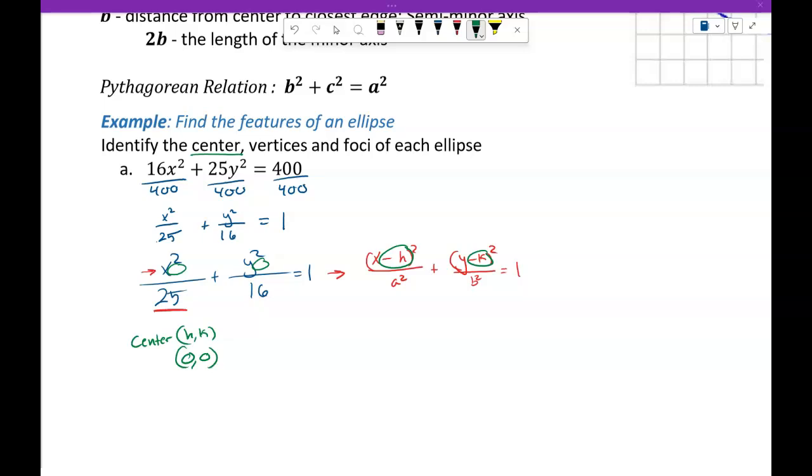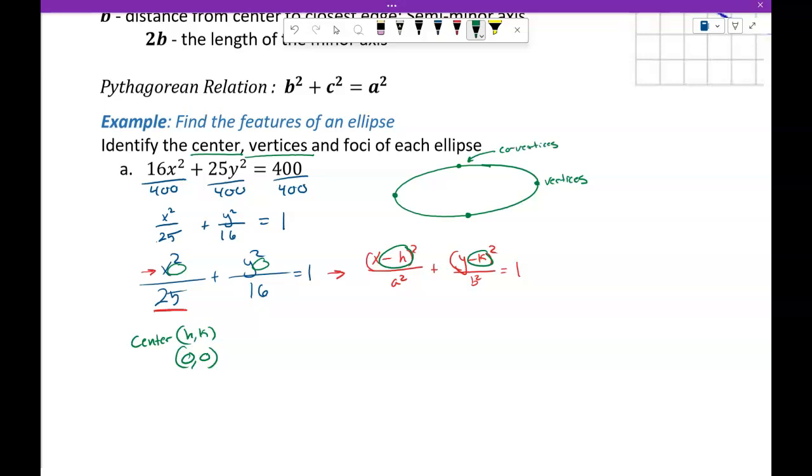Then the next thing we want to do is find the vertices. Now, the vertices of our ellipse are these endpoints of our axes, the major axis and the minor axis. So on the major axis, we call them just vertices. Sometimes other books will refer to the smaller vertices on the minor axis as co-vertices.